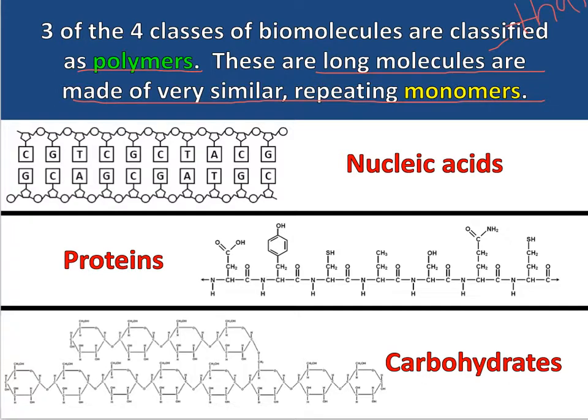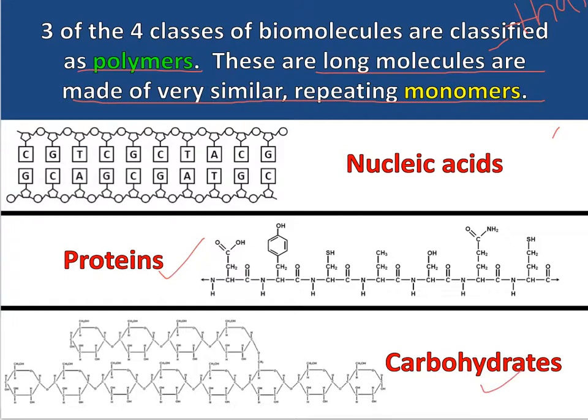So question 3, what is a polymer? They're long molecules made of very similar repeating monomers. As I mentioned, 3 out of the 4 of the biomolecules are polymers, and there are the 3 listed below: nucleic acids, proteins, and carbohydrates.